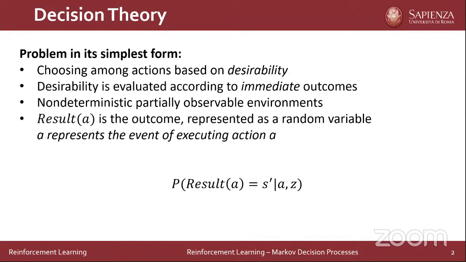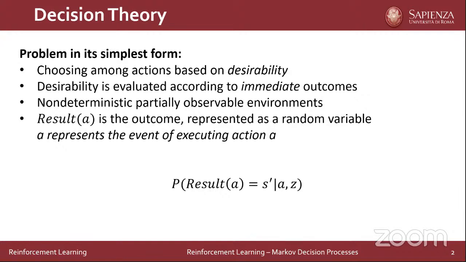in such a way that the agent can actually take rational decisions. Okay, so in decision theory, beyond the reward, which is the number that expresses the desirability of a state, the outcome of a certain action is the new state, right?